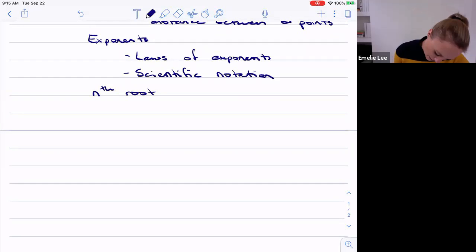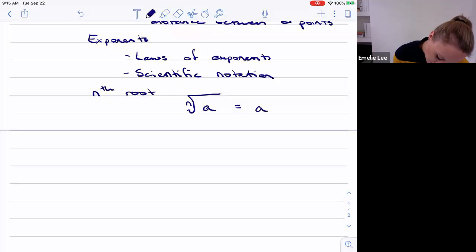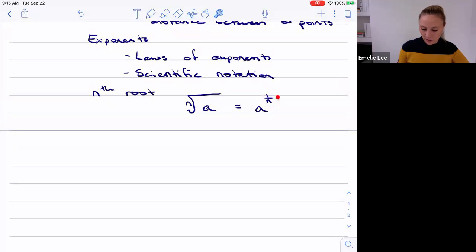If I have to take the nth root of a, on your calculator there is no nth root button. That's okay, because we do a to the power of 1 over n, making sure that this 1 over n is all in the power. If you don't have a screen that shows you what's in the power, put brackets around the 1 over n to make sure it's all in the exponent.